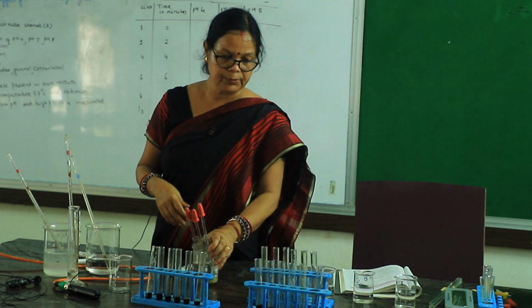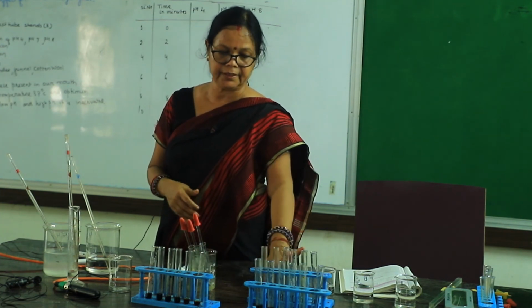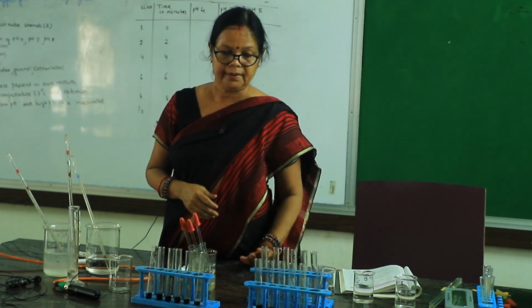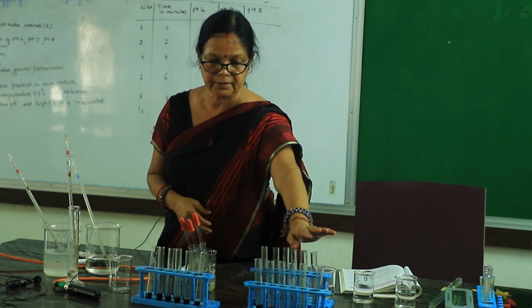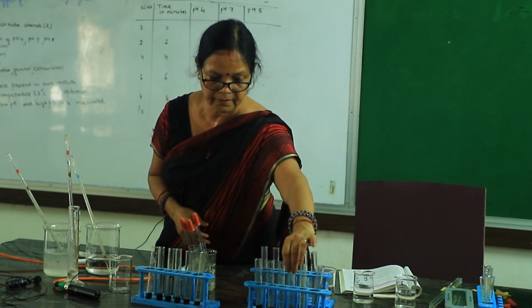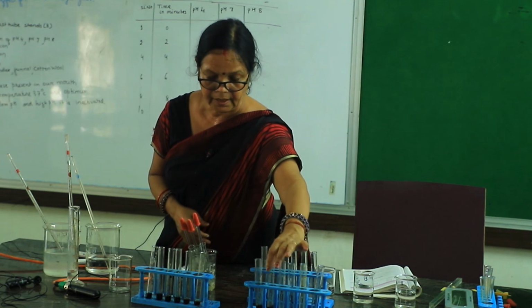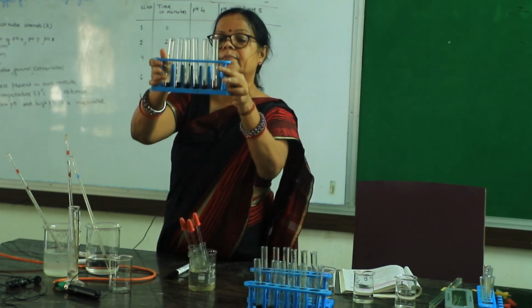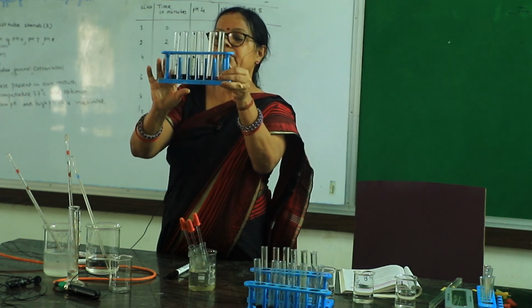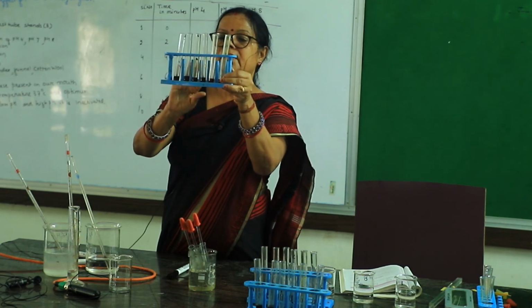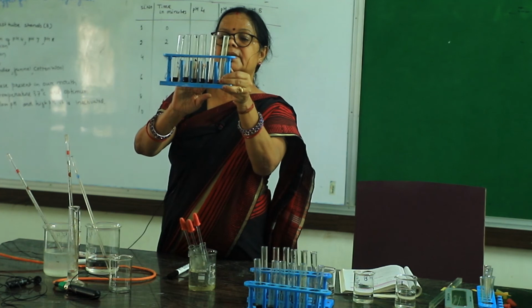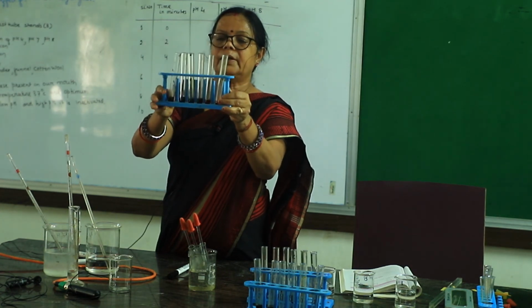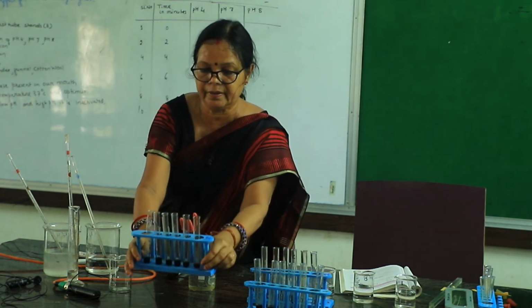So when you continue this process, pH 8 will all turn to blue black color, and pH 4 also will all turn to blue black color. Look here, all are blue black color, but gradually there is a change in pH 7. So look here, this is 0 minute, 2 minutes, 4 minutes, 6 minutes, and 8 minutes. It will remain as iodine color.